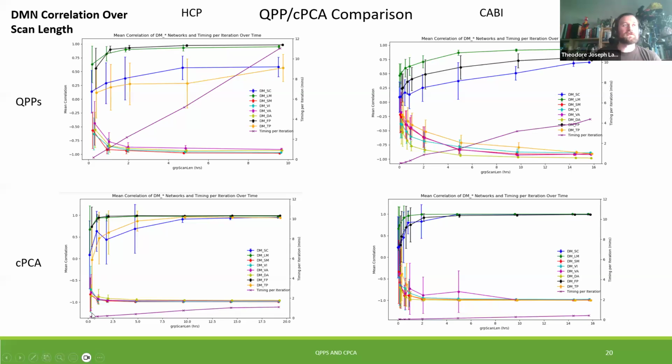So we should see a slower start and then a longer rise, but I didn't even get there with scan lengths upwards of 20 hours. All this is implying is that cPCA has a lot less variance between network correlations with the DMN as you increase, and it's a lot faster.